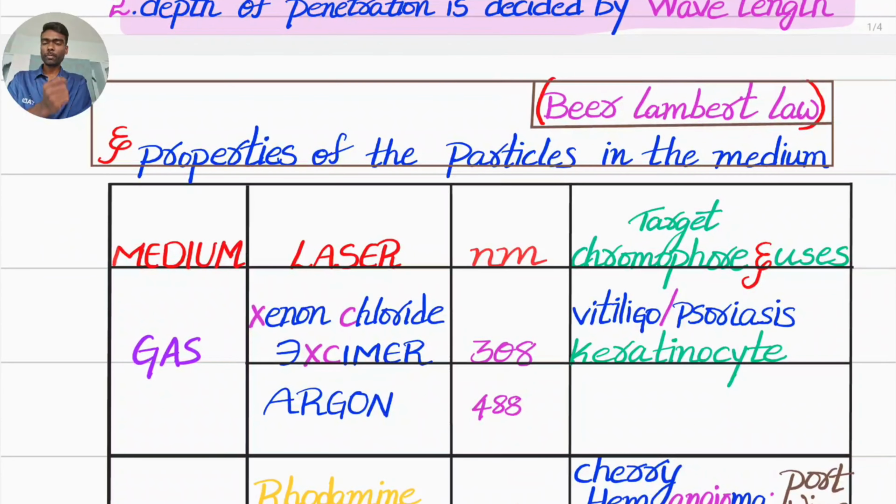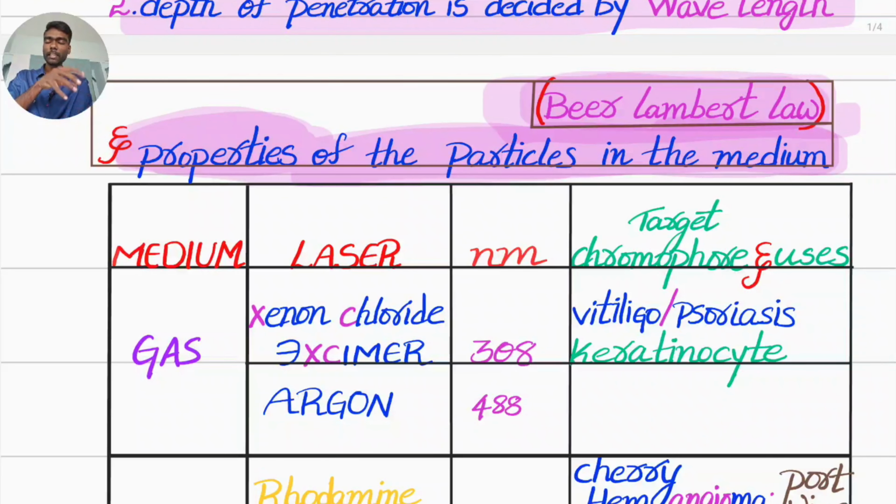This depth of penetration is also decided by the properties of the particles in the medium, which is nothing but the Beer-Lambert law. So, two laws. One: the laser first has to get absorbed, then only will it function, the Grotthuss-Draper law. Second, the Beer-Lambert law: the penetration will be influenced by the properties of the particles in that medium.